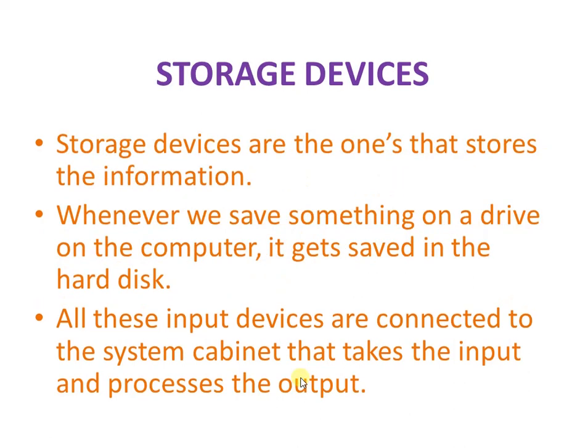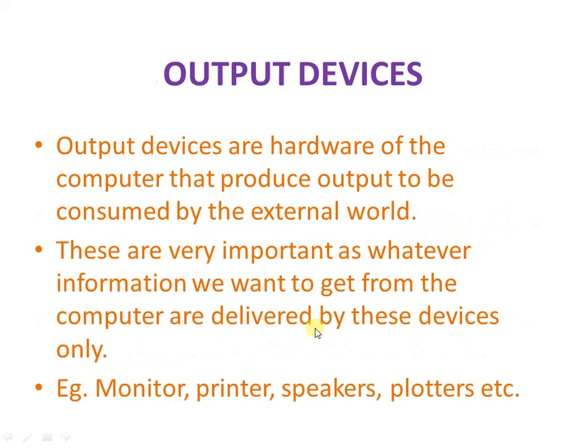Next are storage devices, meaning the devices which are used to store information. A CD or a pen drive are known as storage devices. When we save something on a computer, it gets saved in the hard disk or any of the storage devices. These storage devices are helpful in storing different types of data.